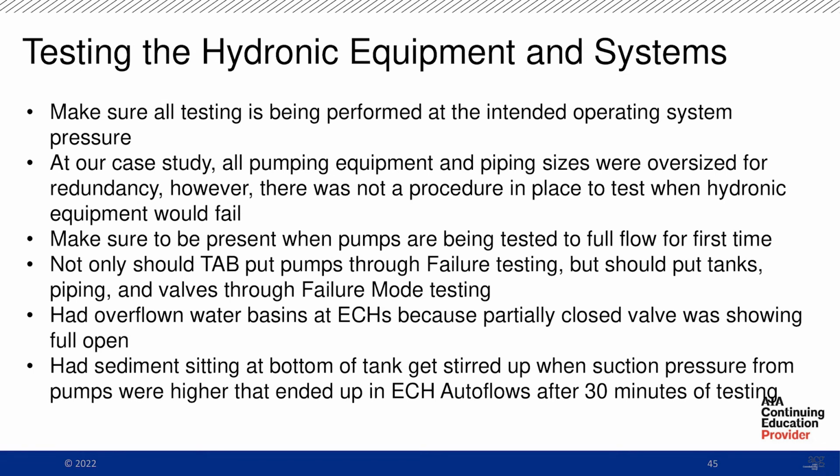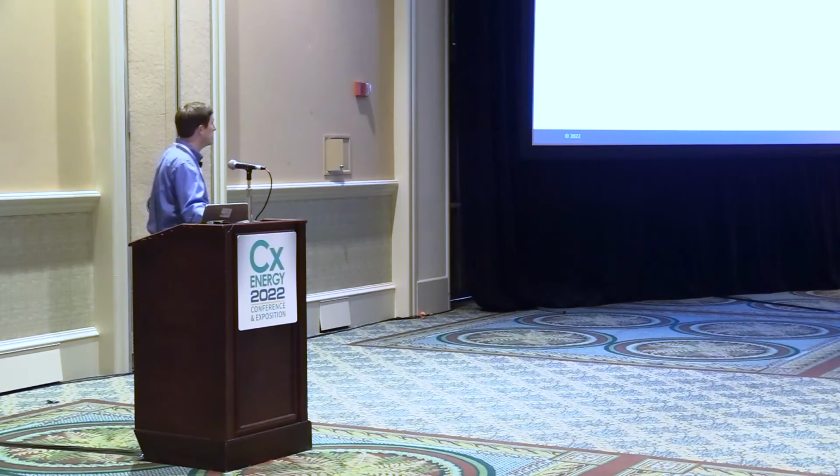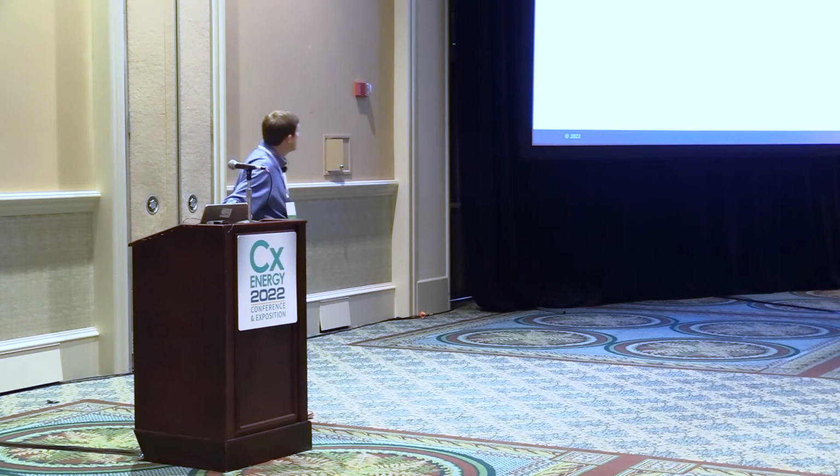All right, we'll talk a little bit about the hydronic equipment testing. What was great about them having multiple sites across the country is they already had an idea of what their system pressure needed to be. It made it a lot easier for us; it took it out of our hands. So we made sure that the controls were working and that your pumps could get to that pressure.